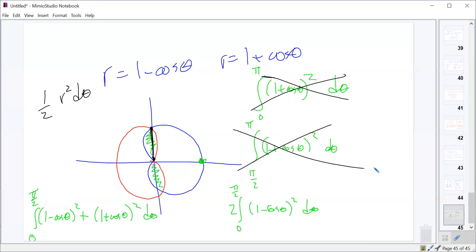If we go down to the next one, 0 to pi over 2 of (1 minus cosine theta) squared, well, if we plug in 0 to 1 minus cosine theta, that's going to start us up here at 1. And then if we go to pi over 2, that's going to bring us down here to the origin, or to the pole. So that's going to give us the right half, to the right of the y-axis, with the red.